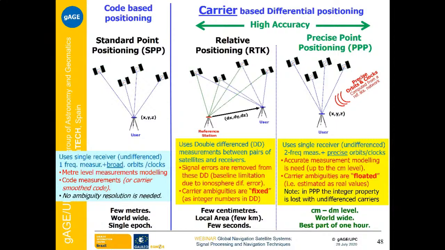Remember that, along with the integer term, we have two real-valued terms. One of them corresponds to the satellite and the other to the receiver. In double differences, we remove these real-valued terms, and then the ambiguities are integer numbers of wavelengths. We can use this information in order to fix the ambiguities.